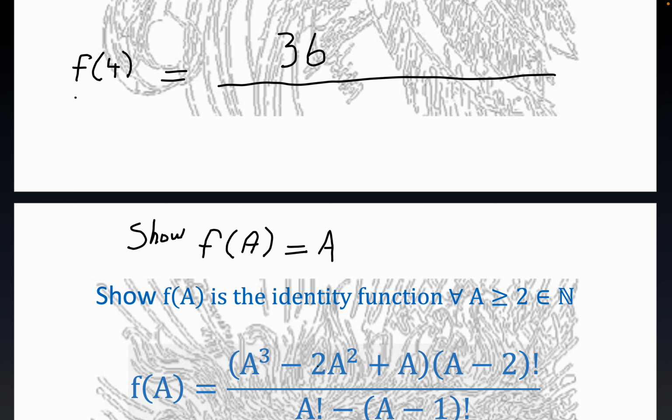So this part right here would evaluate to 36. Now, if you put 4 right here, you get 2 factorial, which is 2. So you have 36 times 2 in the numerator. Again, 4 cubed is 64, 2 times 4 squared is 32, 64 minus 32 is 32, plus 4 is 36. But then 2 factorial is 2.